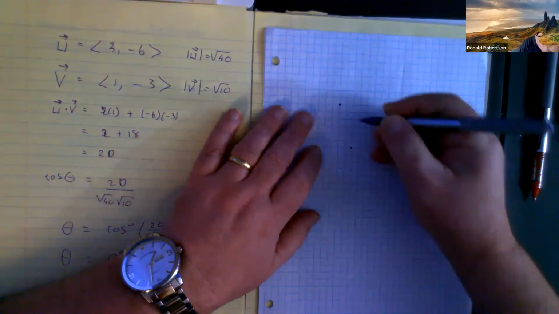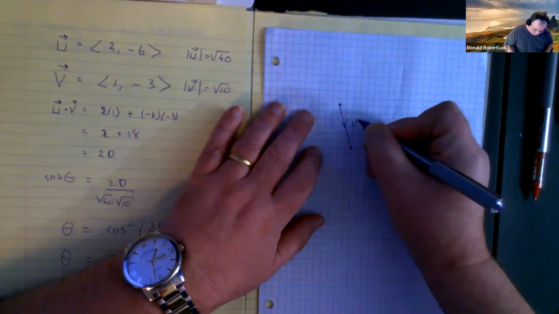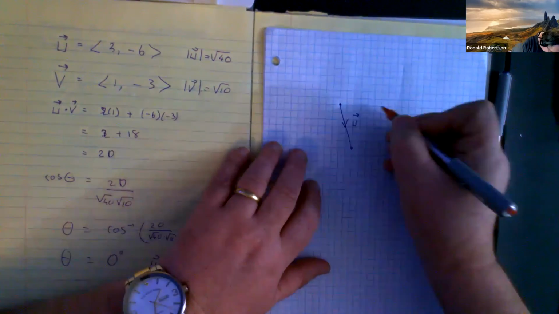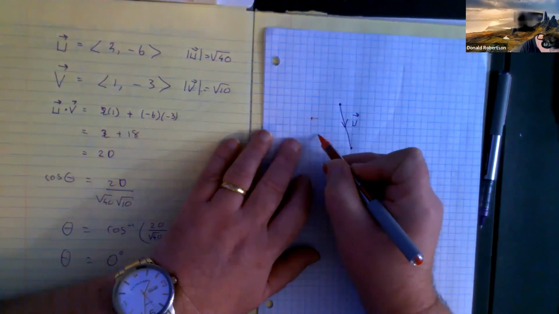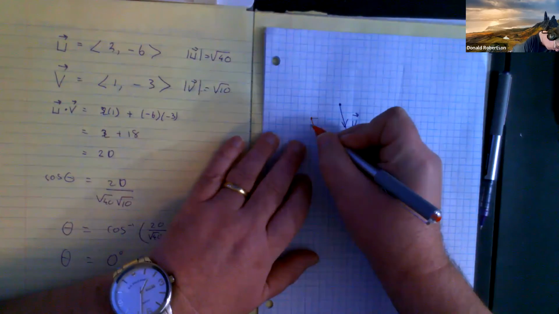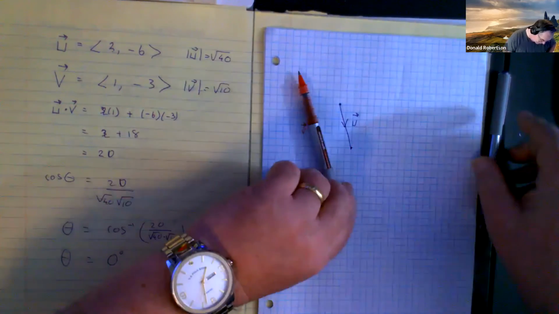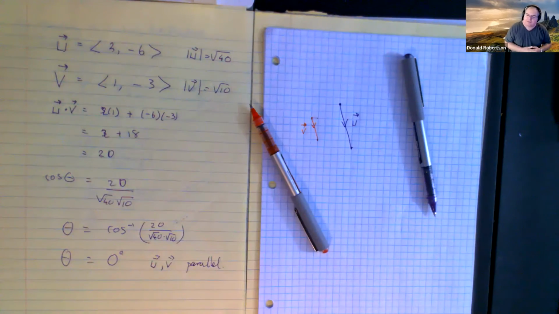So that would be a visualization of u. And then I'll pick a different spot. It doesn't really matter where I pick. I'll pick here, and I'll go 1 along, 1, 2, 3 down, and I'll call him v. If I put little pens on top of them, I don't know if that helps. Would you agree they look parallel? Great. Make them a bit longer if you have to visualize it. That's one way to do it.